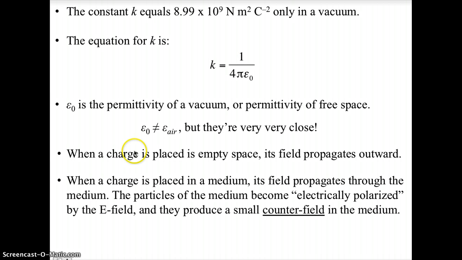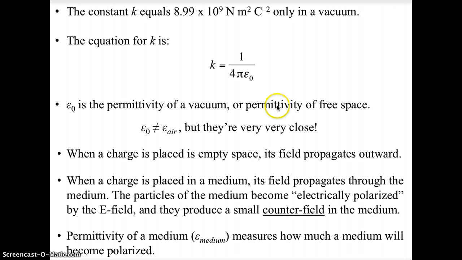So we took some source charge, put it in the medium, and now we have polarized the medium, and we have a second opposing field, which opposes the primary electric field of the source. This counter field is measured by permittivity. Permittivity of a medium is epsilon. Permittivity measures how much the medium will become polarized, and how much it will resist or produce a counter field. How much will it resist the electric field?